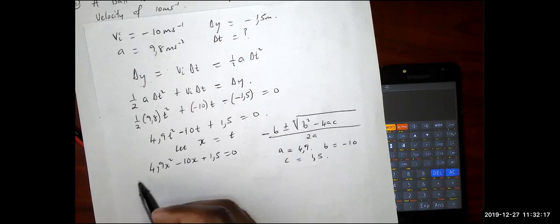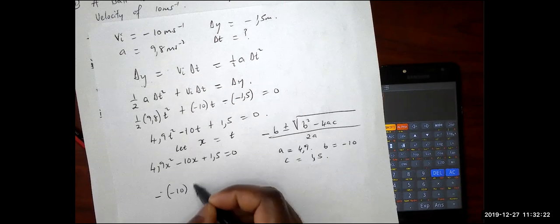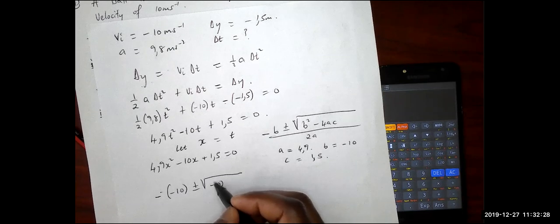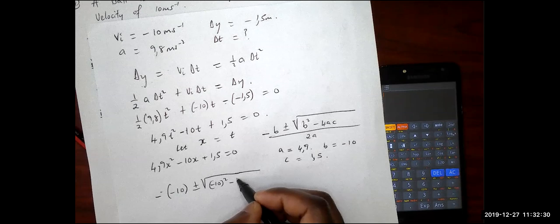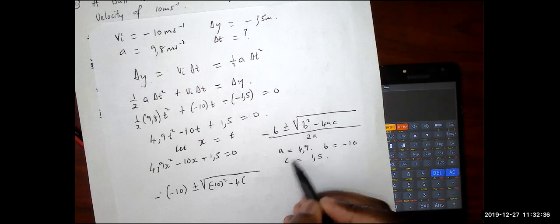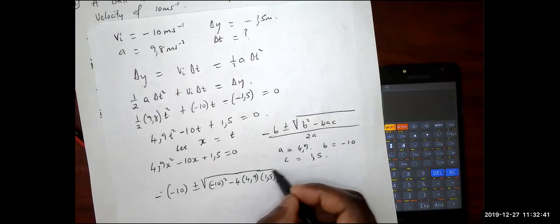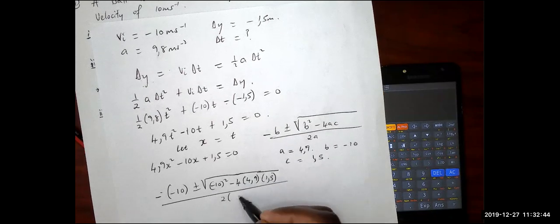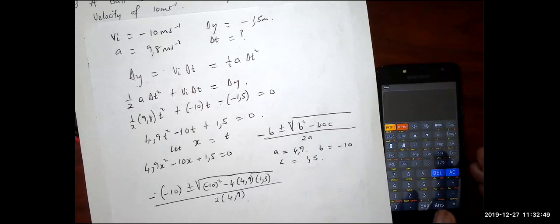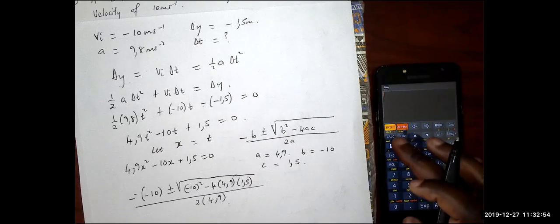Then let's substitute there. It's going to be minus 10 plus or minus the square root of b squared, minus 10 squared, minus 4a. What is a? A is 4.9. What is c? It's 1.5, all over 2 times our a, 4.9. Okay, so let's input it in our calculator.